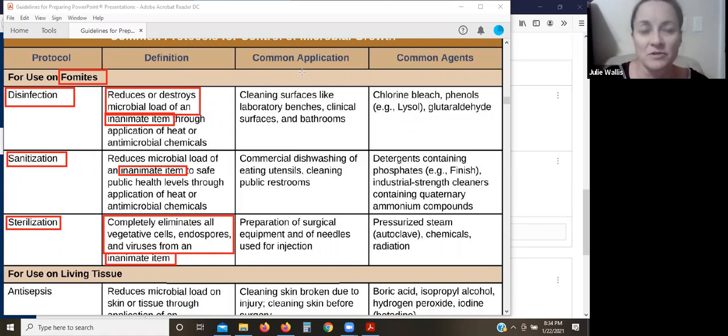This chart gives you common applications and common agents for each one. Sanitization, which we were talking about earlier, is for use on eating utensils and things like public restrooms. Commercial dishwashing is an example of sanitization, cleaning eating utensils and things like that.